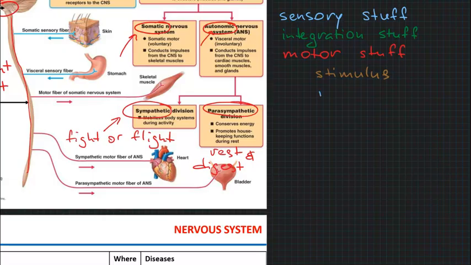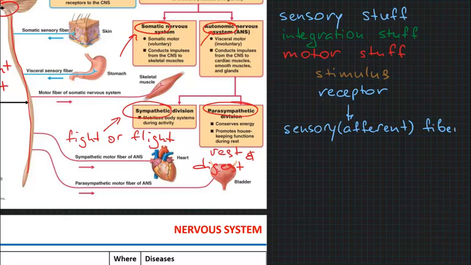So you have a receptor that receives the signal and transmits the signal through the sensory or afferent fiber.